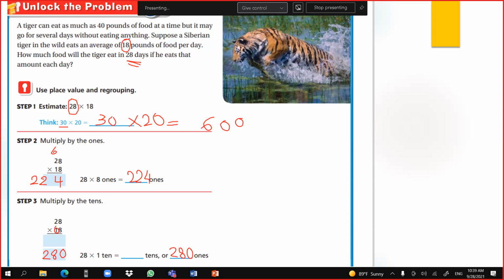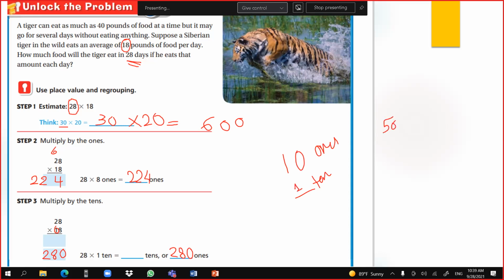Or how many tens? 28 ones. How many tens? Like 8 or 10 ones. How many tens? 110.